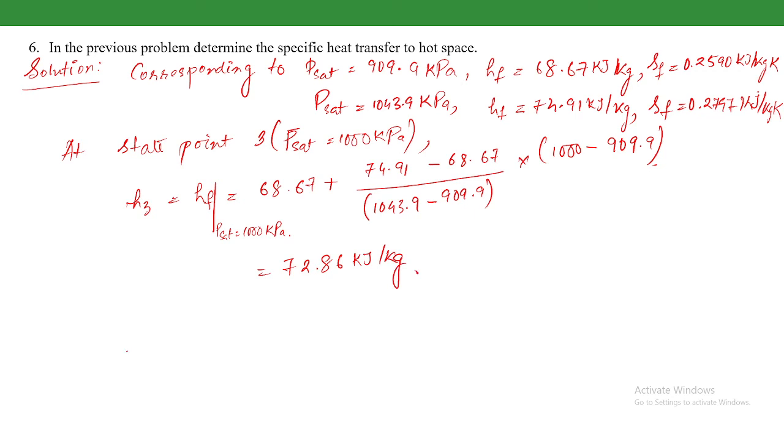Okay, therefore the specific heat transfer to hot space is equal to the specific heat loss in the condenser.